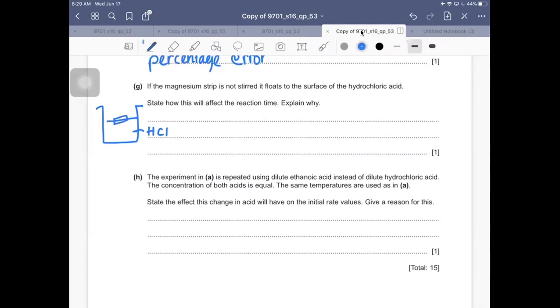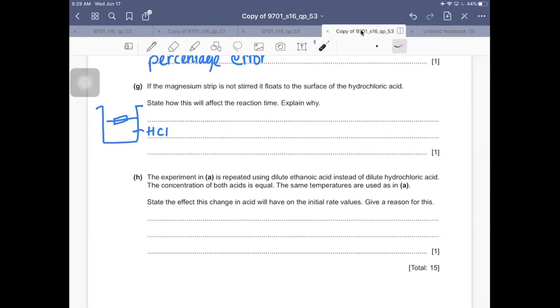The reason why we want to stir our reaction usually is to ensure that the temperature is uniform. Okay, everything is being spread out uniformly, and also because you want to ensure that the whole magnesium strip is reacting.